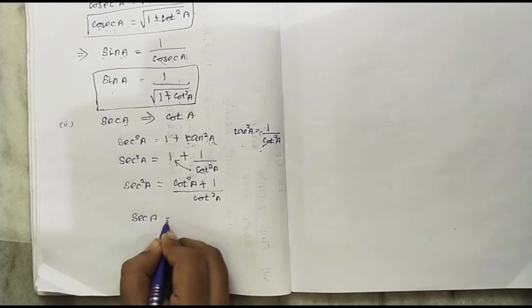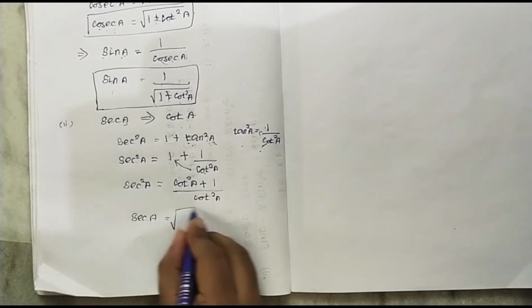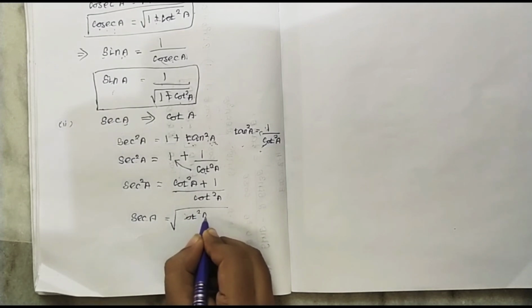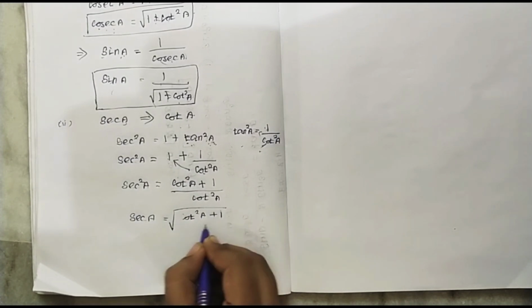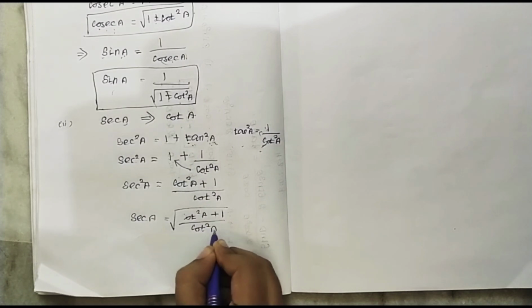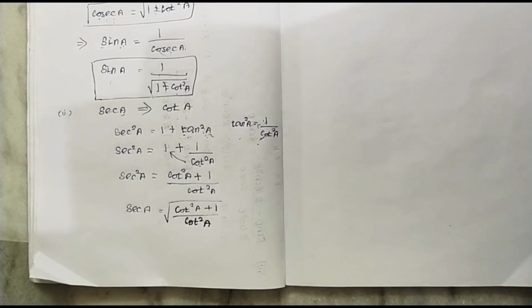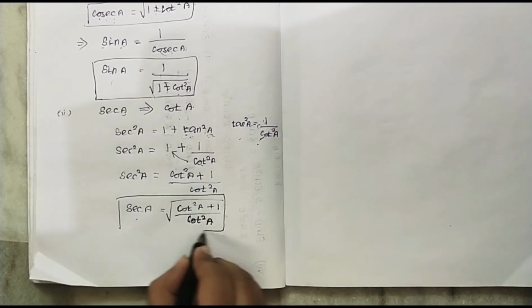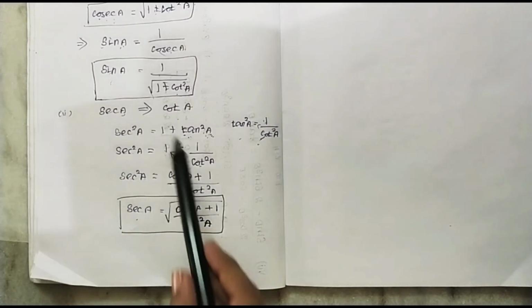So secant A equal to root of cot squared A plus 1 divided by cot squared A. That's all, secant A we converted to cot.